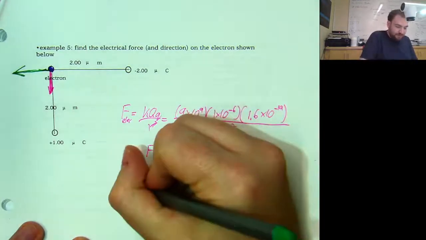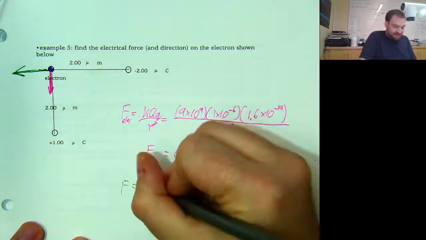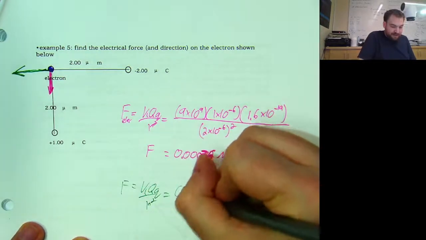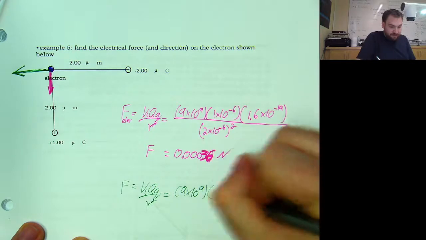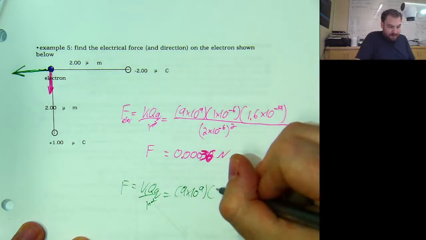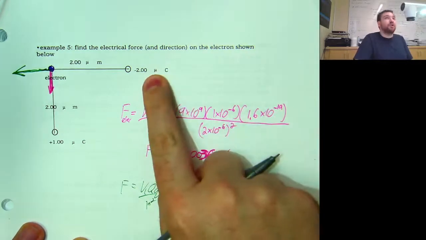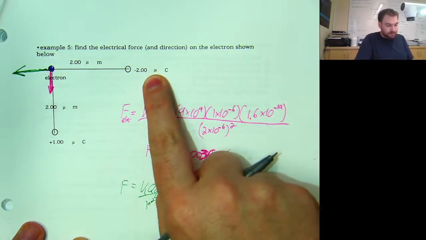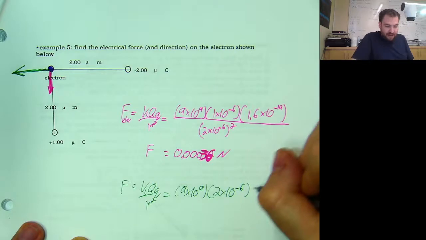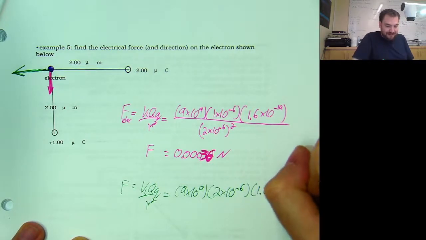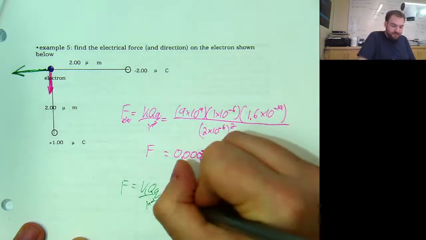Now let's do the green one. Formula is exactly the same. KQQ over R squared. That's going to equal 9 times 10 to the 9, times 2 times 10 to the negative 6, because this guy has a charge of 2 microcoulombs. Electron has a charge of 1.6 times 10 to the negative 19 coulombs.